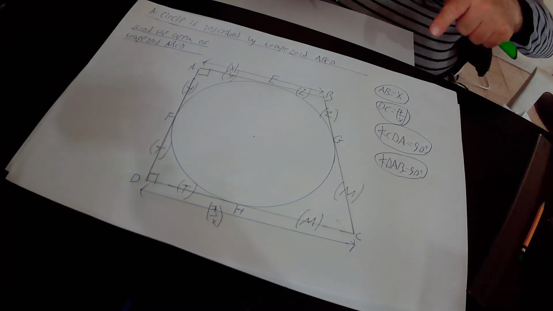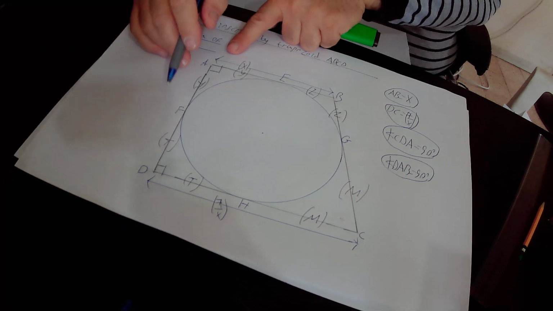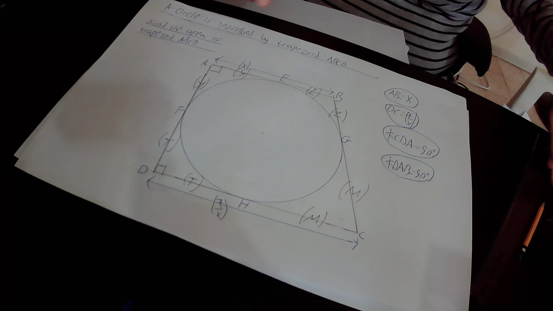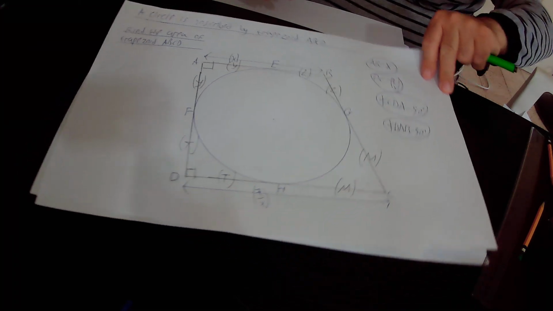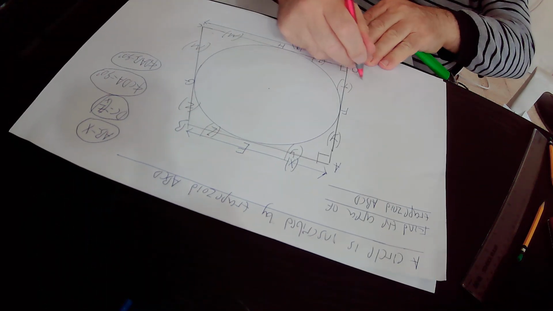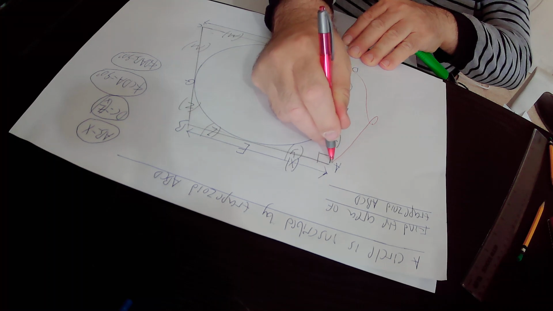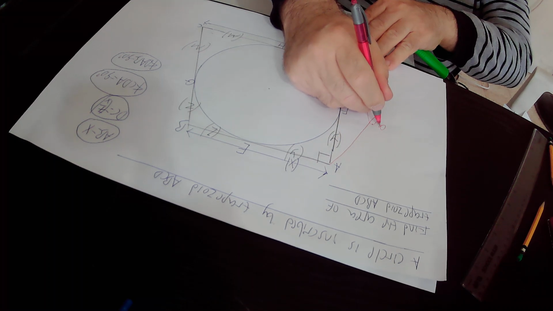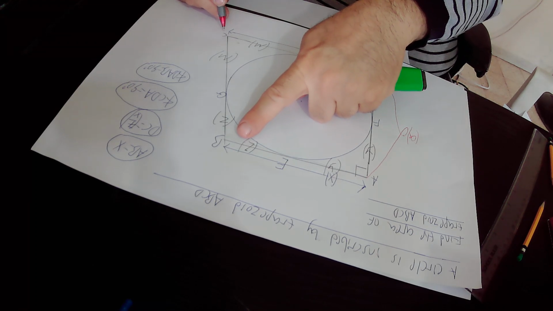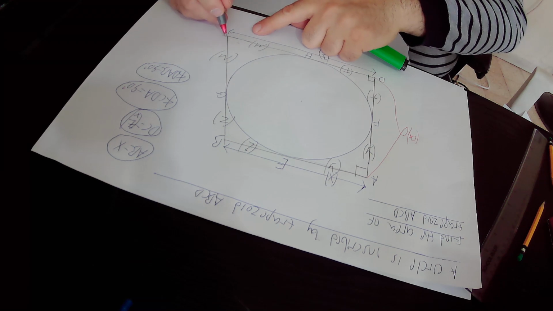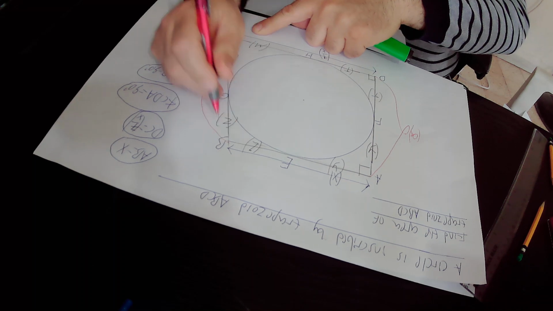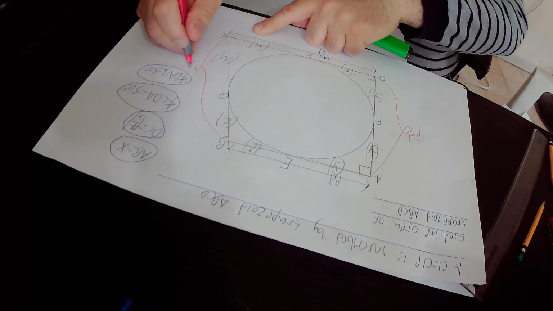We will define the length of this side AD as A. AD equals A according to our definition. We define the length of this side BC of trapezoid ABCD as B. So BC equals B according to our definition.